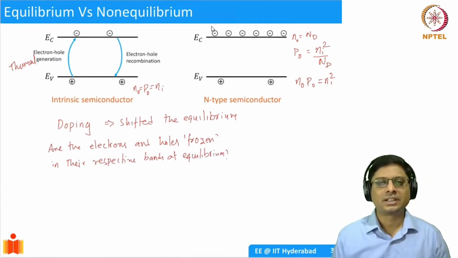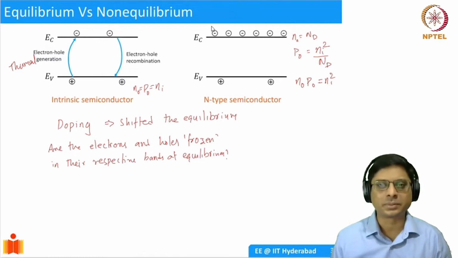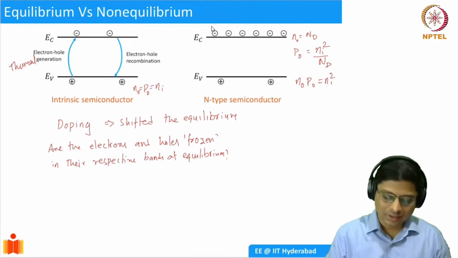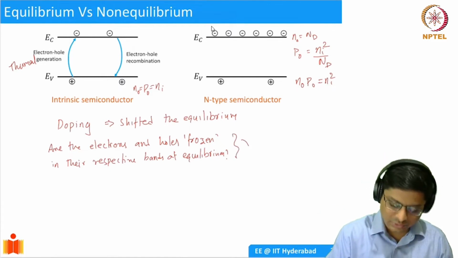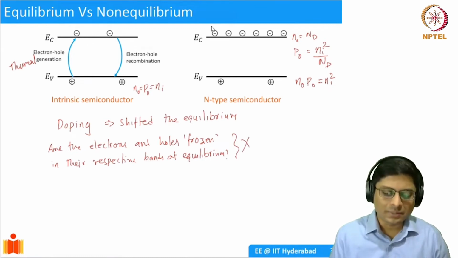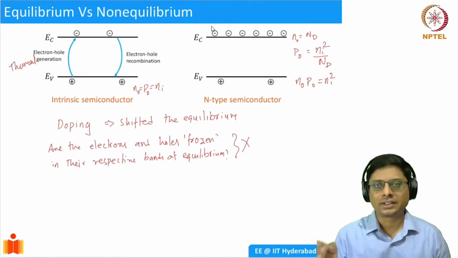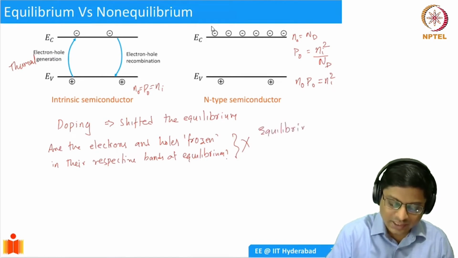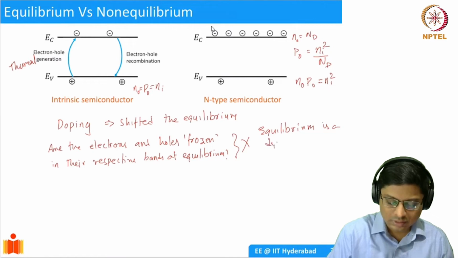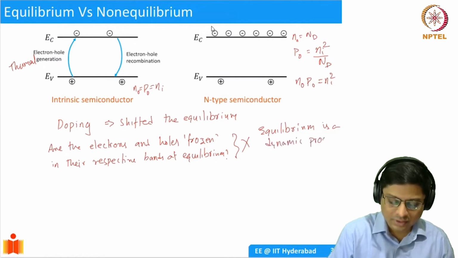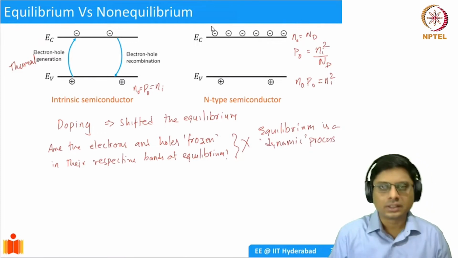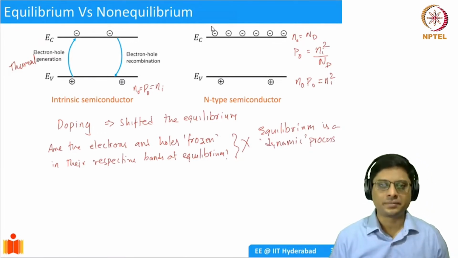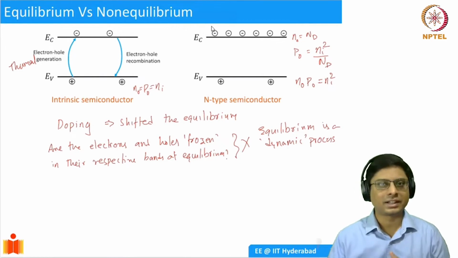Since we said that the electron and hole concentrations are given by these expressions, does it mean that a particular electron is always going to be in a particular band? Well, the answer is no, it's not true. Equilibrium implies that the net electrons and net holes are going to be the same. Equilibrium is a dynamic process, by which I mean that electron-hole pairs are continuously generated and simultaneously they're getting annihilated.